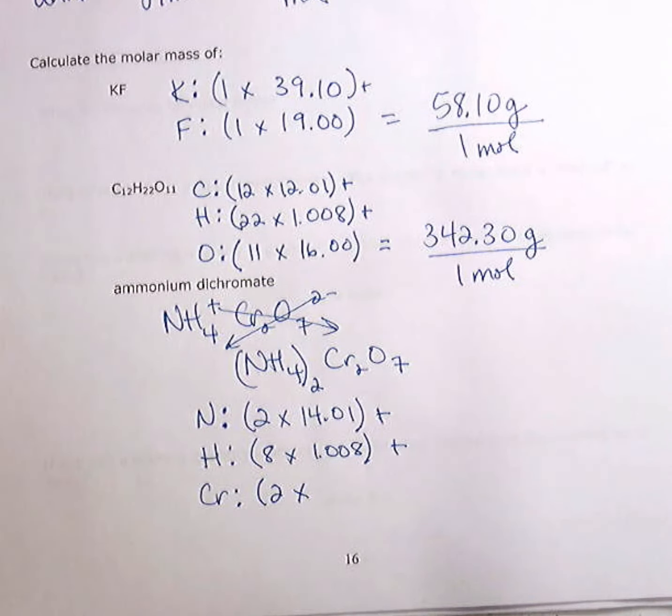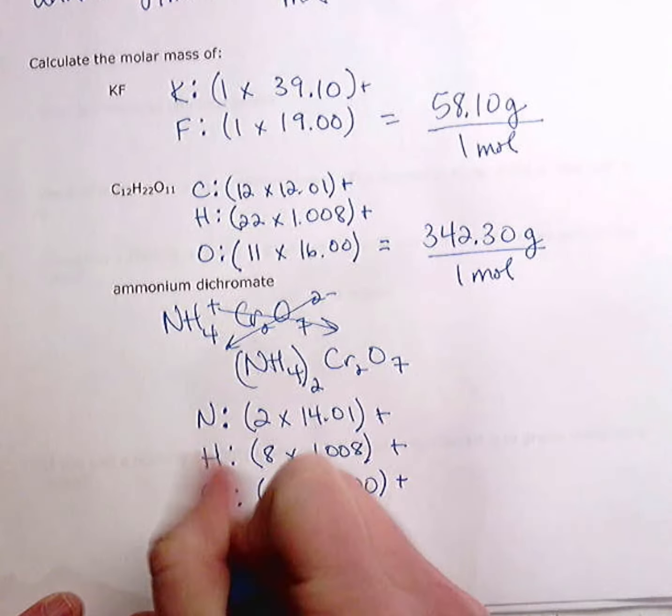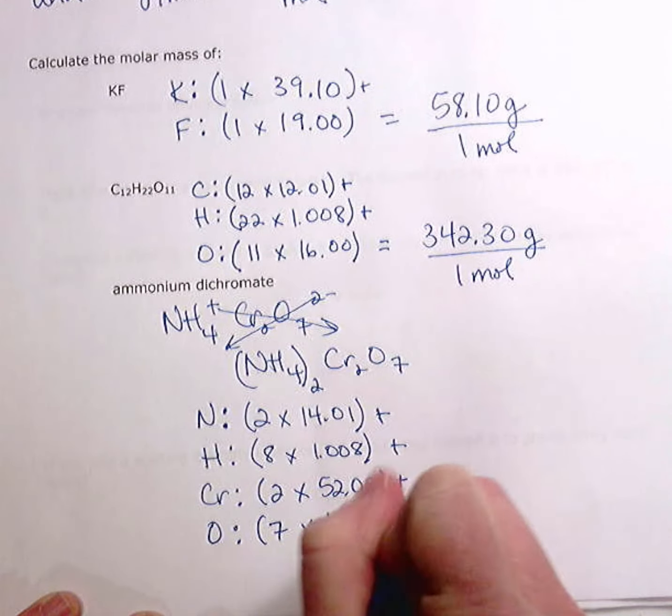Chromium, yeah, 52. And then oxygen, 7 times 16.00.